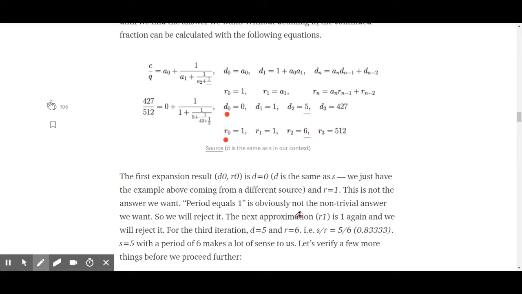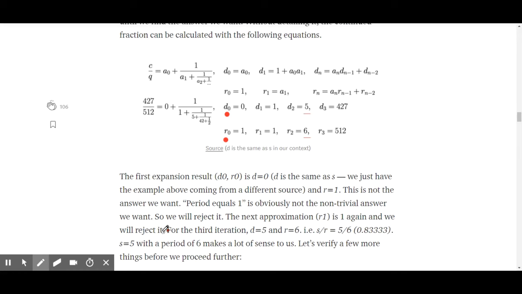This is not the answer we want. Period equals 1 is obviously not the non-trivial answer we want, so we will reject it. The next approximation, r1, is 1 again, and we will reject it. For the third iteration, d is 5 and r is 6. So 5 divided by 6 is 0.833333.